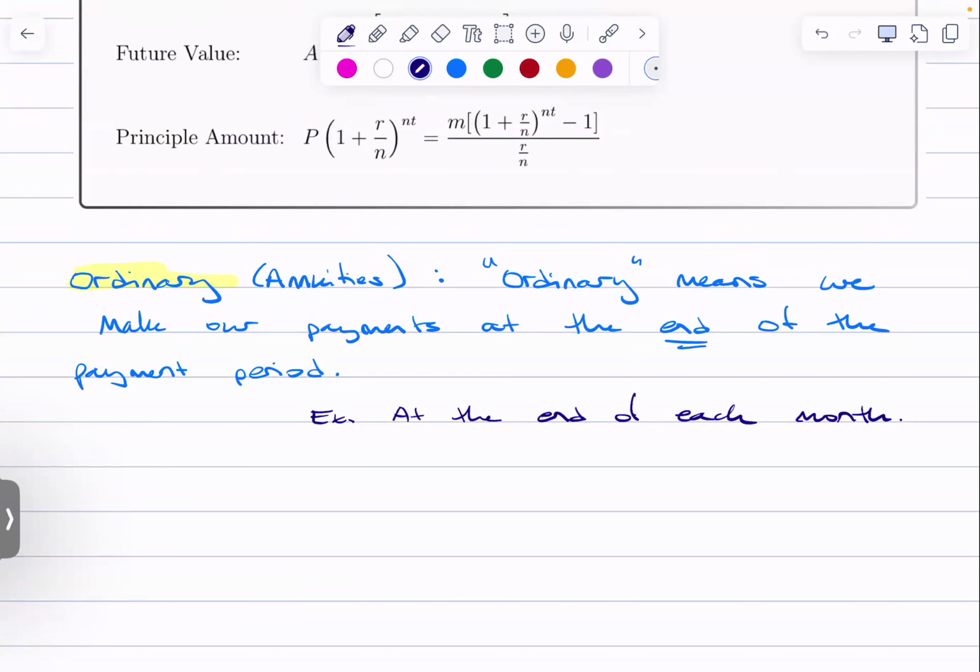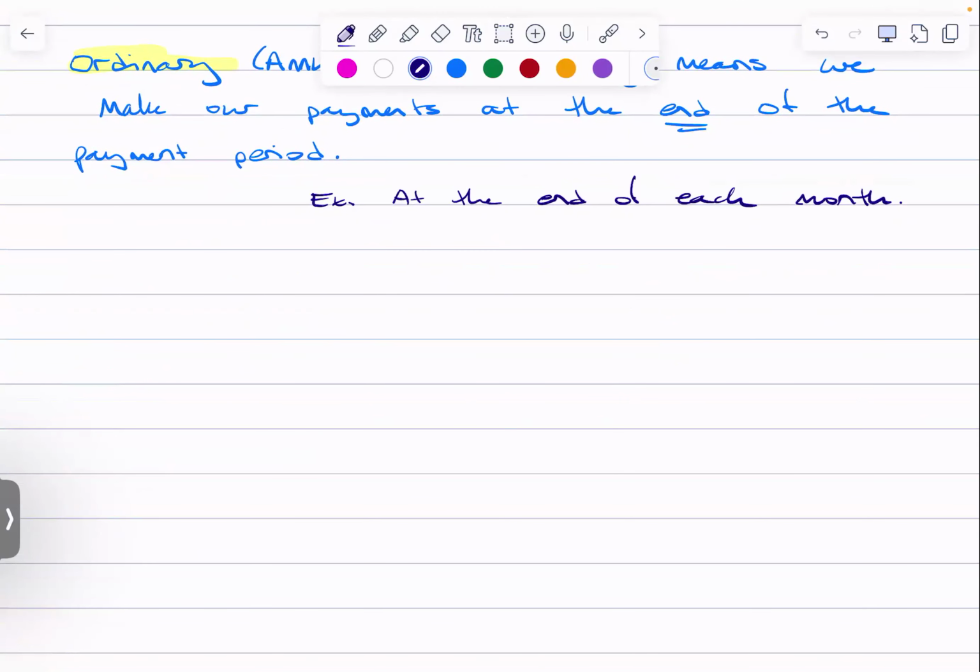Now the thing is, in this course, all our payments will be at the end. I have a little blurb about if payments are at the beginning of the payment period and what changes, but I'm not going to test you on it. And so on test 2 and on the final exam, we have ordinary annuities, meaning payments are at the end.